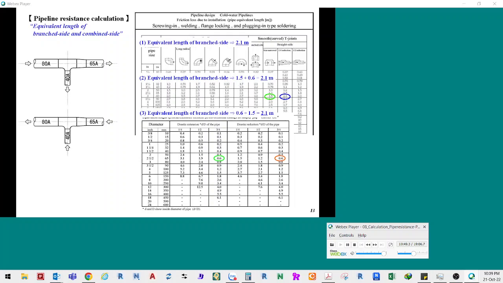Even if other T-joints with other sizes are reviewed, there is not so significant difference in equivalent lengths. Note, however, that the total equivalent length becomes longer if the size of the enlarged side is twice as that of the upstream size.